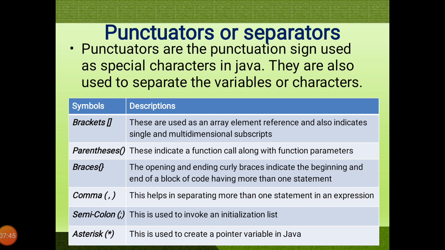Comma, this helps in separating variables; we can separate different variables with the help of a comma. Semicolon, this is used in an initialization list. Also, the semicolon is used to end a Java statement. And asterisk, this is used to create pointer variables.